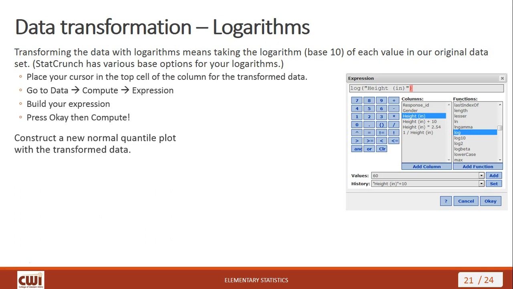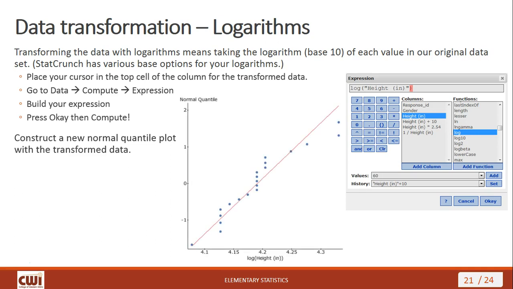You may have to scroll down in the window to see it, but then select it and make sure you also check that box to put the quantiles on the y-axis. Once you do that, you have what you need. Go ahead and click Compute, and out pops this lovely normal quantile window that you see here.